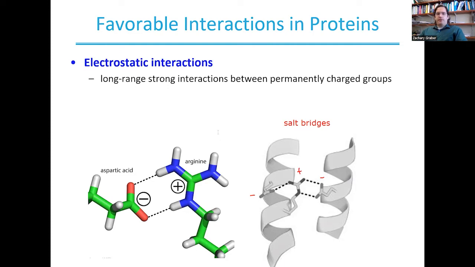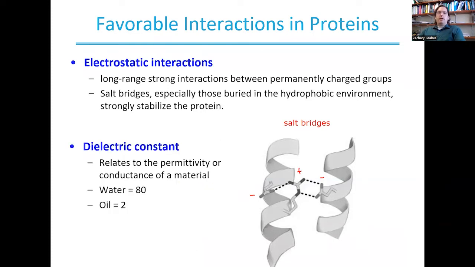Now, you'll note that before, I mentioned that we are mostly focusing on putting our hydrophilic and charged residues on the outside of our protein, and we want our more nonpolar amino acids on the inside of our protein. However, when we have charged amino acids that form an electrostatic interaction, it can actually be helpful to have those inside of our protein.